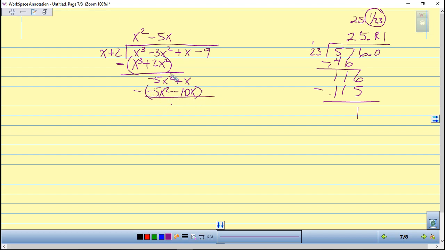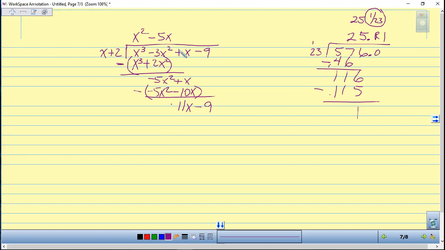Parentheses and subtract. Negative 5x squared minus a negative 5x squared, subtracting a negative, same thing as adding a positive, so those do cancel out like we want. And then x minus a negative 10x, it's the same thing as adding 10x, so we end up with 11x, and bring down the next.